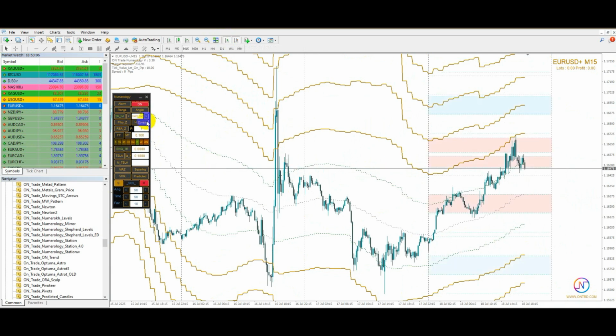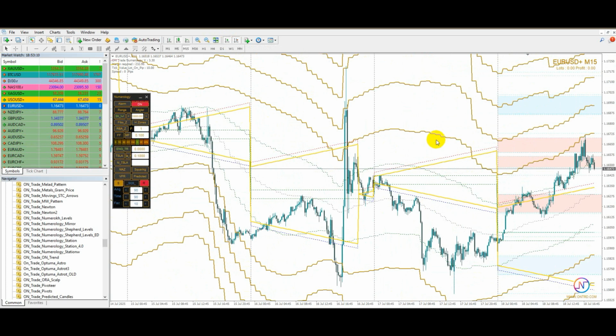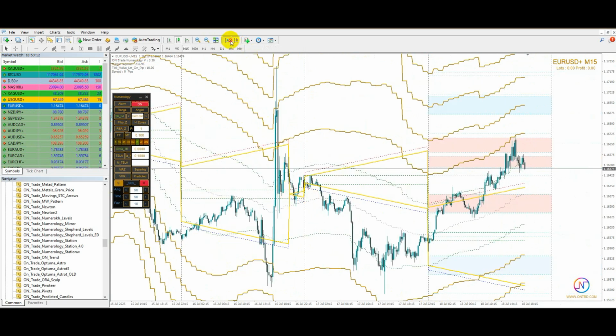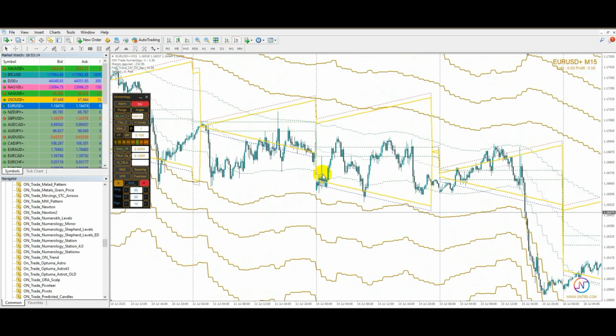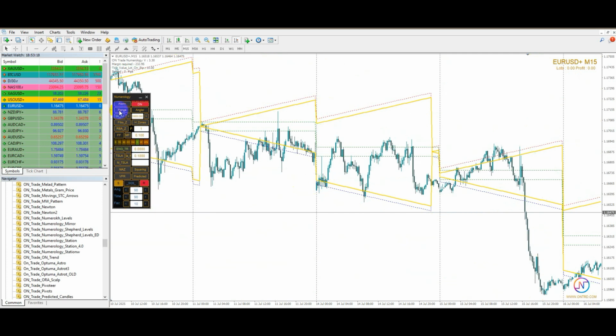Now we are going to activate Angular. Sorry, as you can see, let's turn off range. We will run it again. As you can see here, this channel is drawn depending on the square of nine for time and price.